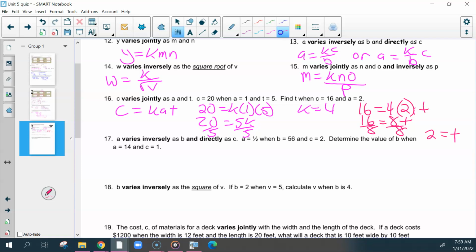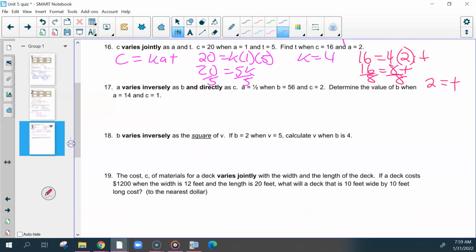Do we have any questions on 16? For 17, A varies inversely as B and directly as C. This is, if not the same, similar to 13.